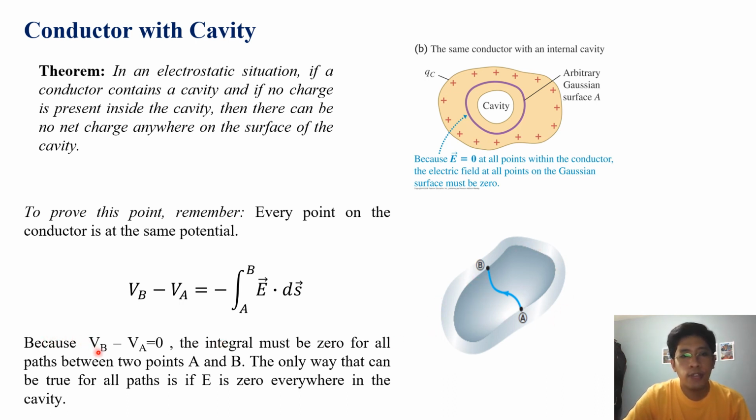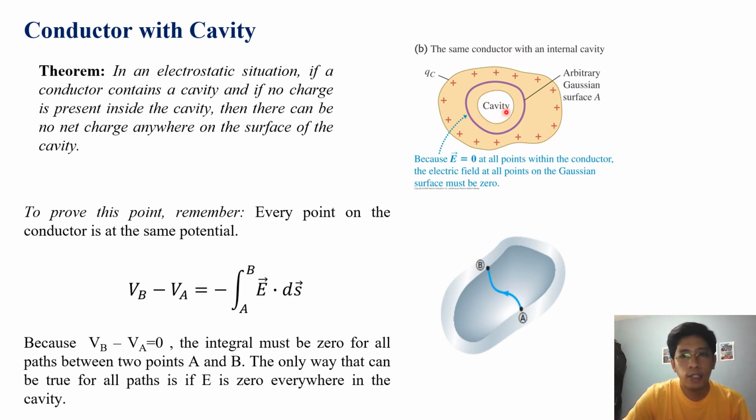So that means your VB minus your VA, wherever you point your B and your A on the surface of your conductor, is always equal to 0. That is, this integral here must be 0 for all paths between points A and B. And the only way that this can be true for all paths is if E is 0 everywhere in the cavity.